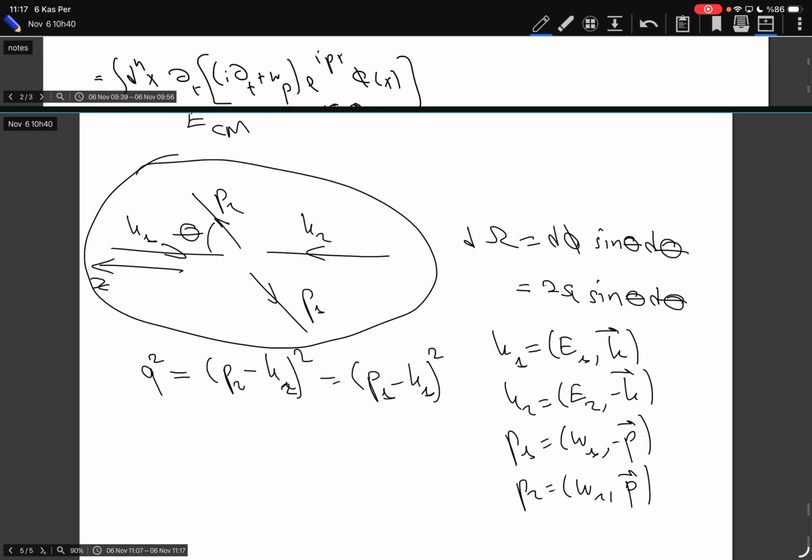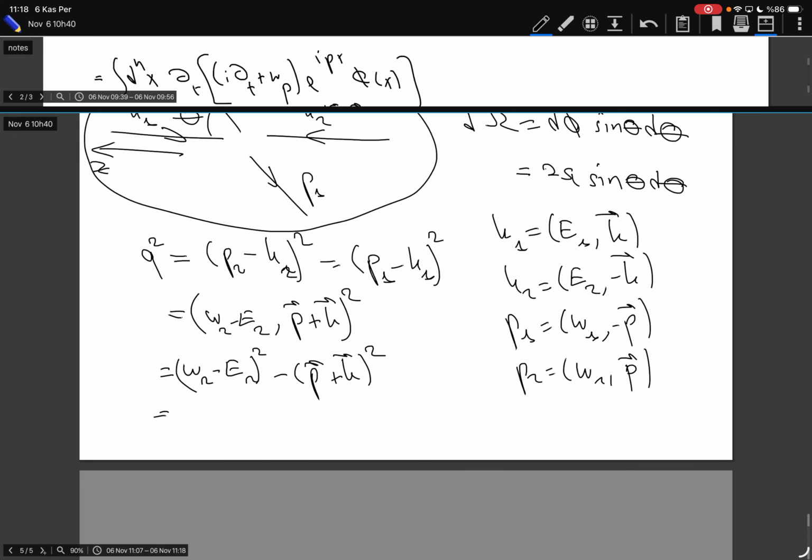Now what is Q squared? Well, that will be P2 minus K2 is omega 2 minus E2, and P plus K squared, which is omega 2 minus E2 squared minus P plus K squared, which is omega 2 squared minus P squared plus E2 squared minus K squared.